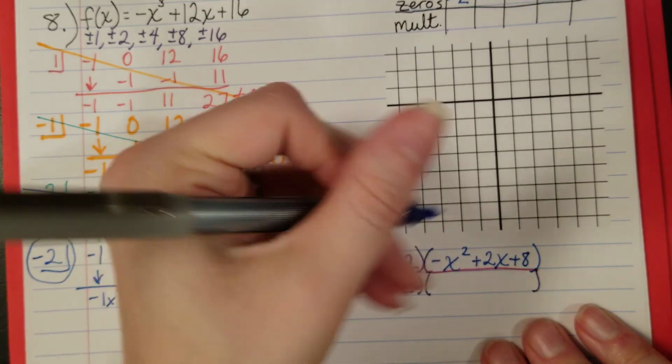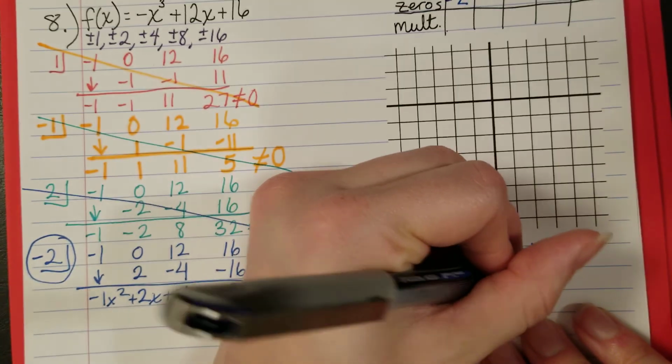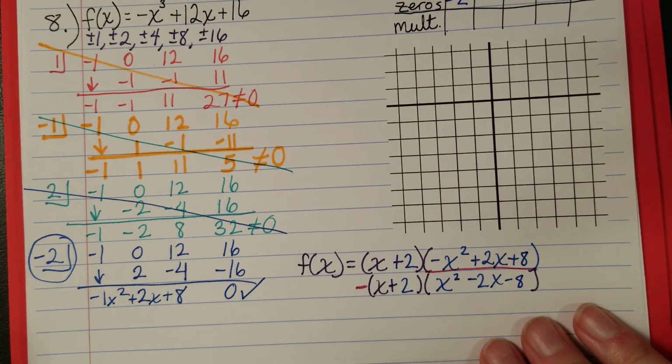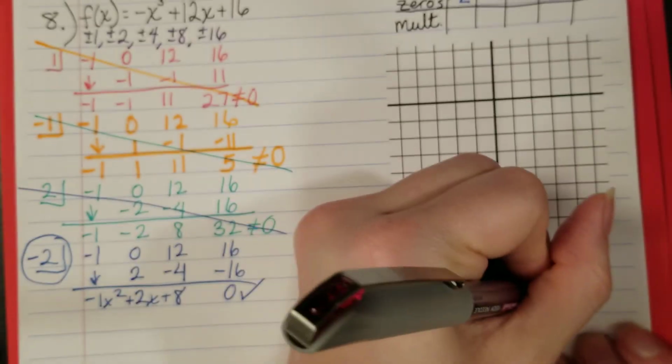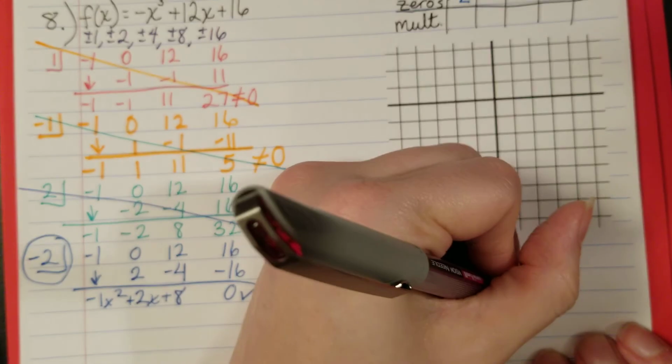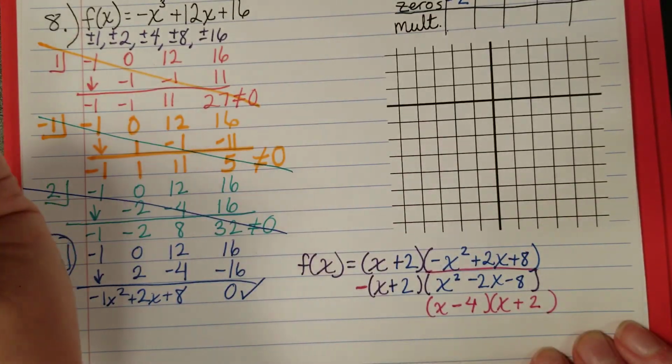So now this will be x squared minus 2x minus 8. Let's factor that. So that's going to be minus 4 plus 2.